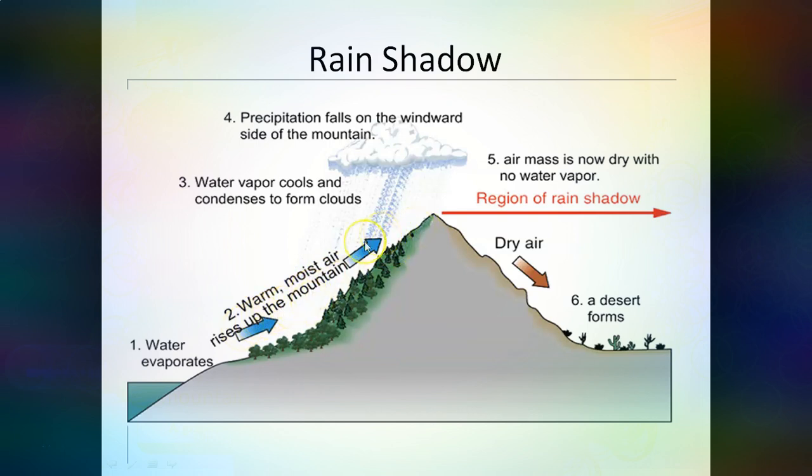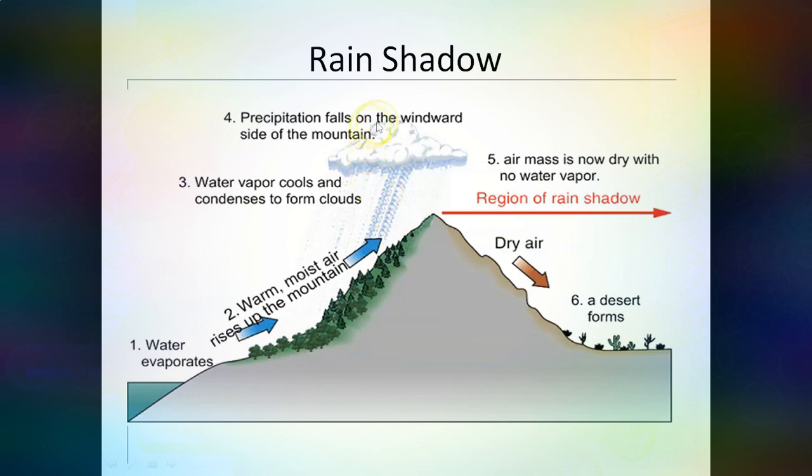So this is the mountain. As it rises, water vapor cools and condenses to form clouds. Precipitation from these clouds will then fall on the windward side of the mountain. So this is the windward side and precipitation will fall here.